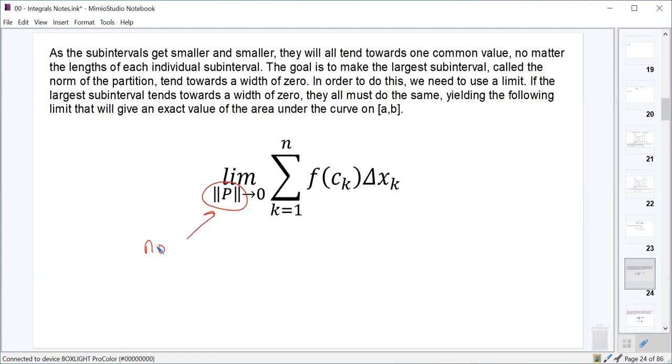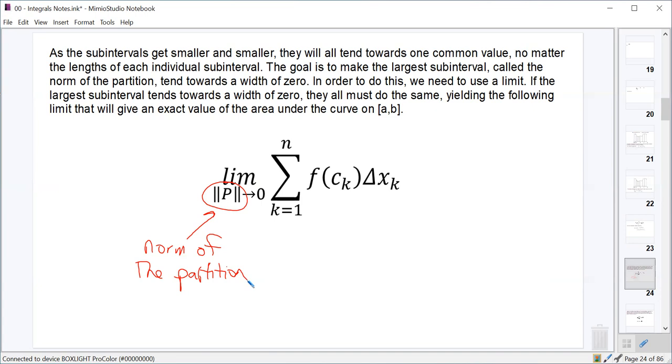Let's write that here. This is our largest subinterval. We noted that we did have one that happened to be the largest subinterval. So we want to make that largest one tend towards having a width of 0. If we can make the largest one have the smallest possible width, that would mean that all the other ones will also be tending towards having a width of 0.